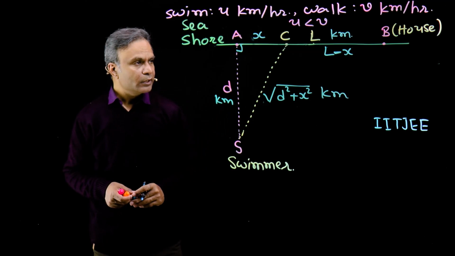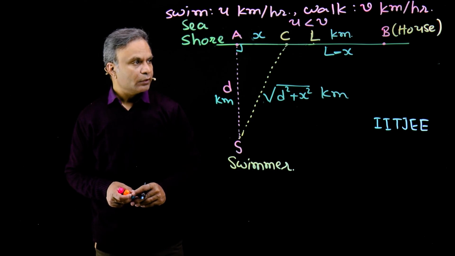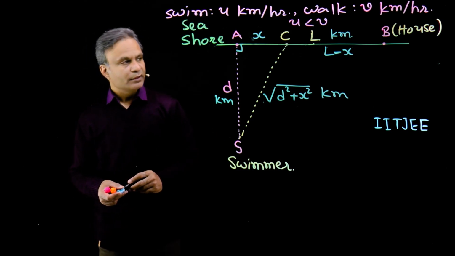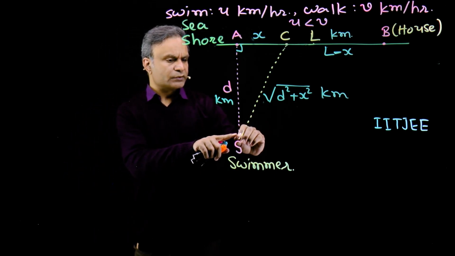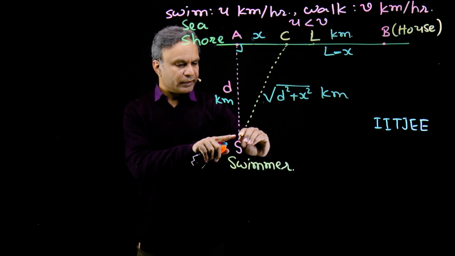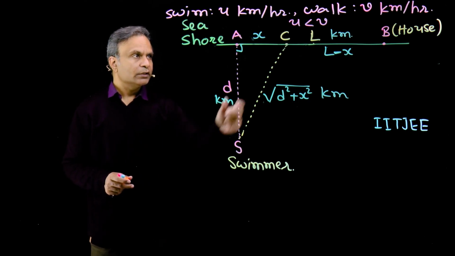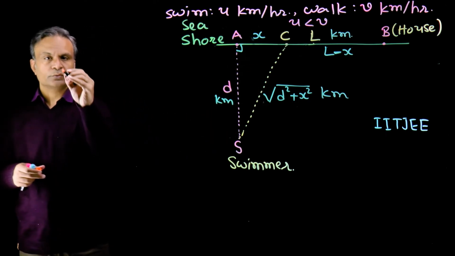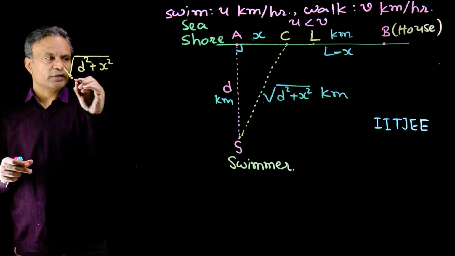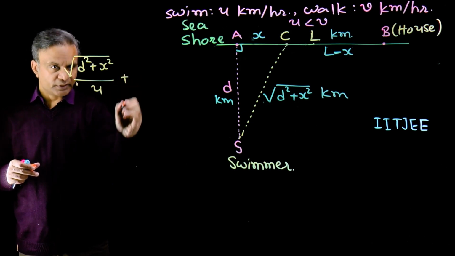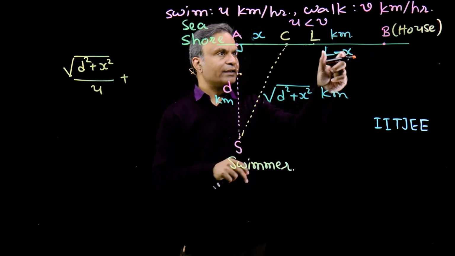Here x is variable, so definitely the time taken by him will be a function of the variable x. How will that function come? It's simple. We have the speed of swimming u. Then the time taken by him to reach from this point to this point will be distance upon speed, so root d square plus x square over u, plus the time taken to walk from this point to this point, which is L minus x over v.